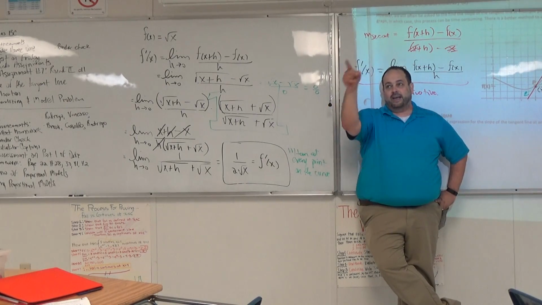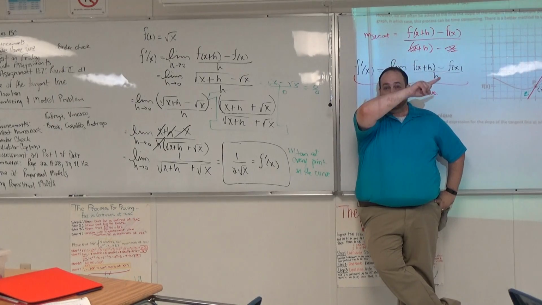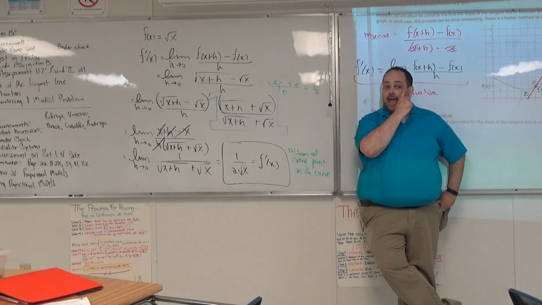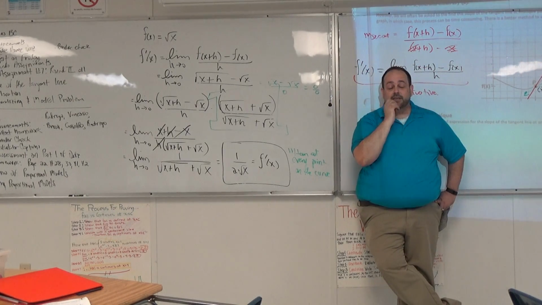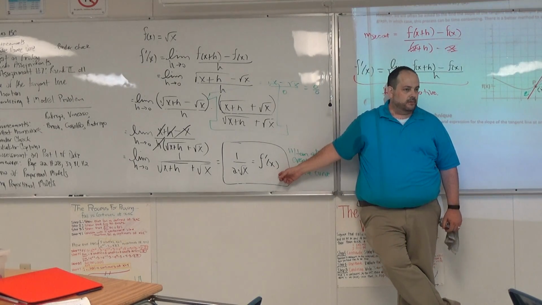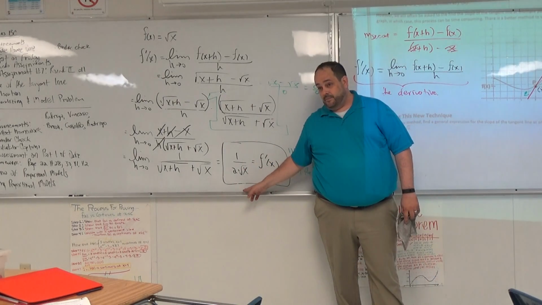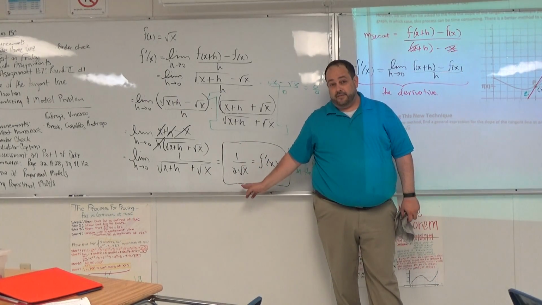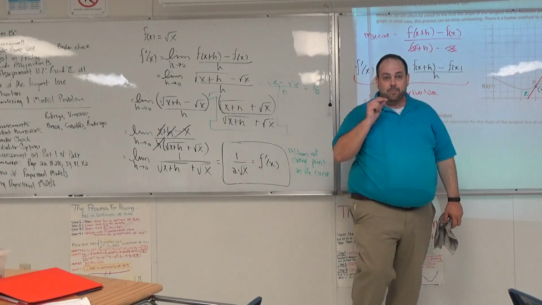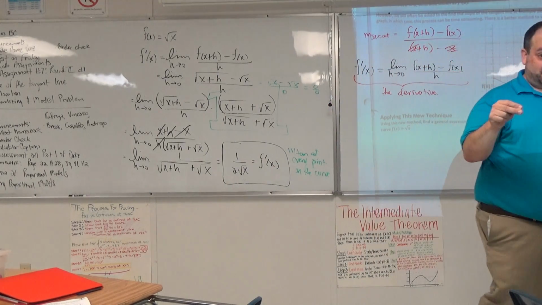The graph of the square root of x looks like this. That doesn't really have a vertex. At the minimum. Can you give me an x value there? 0. At 0, what happens here? You get 1 over 0, which is undefined. So at that point, the derivative is not positive.